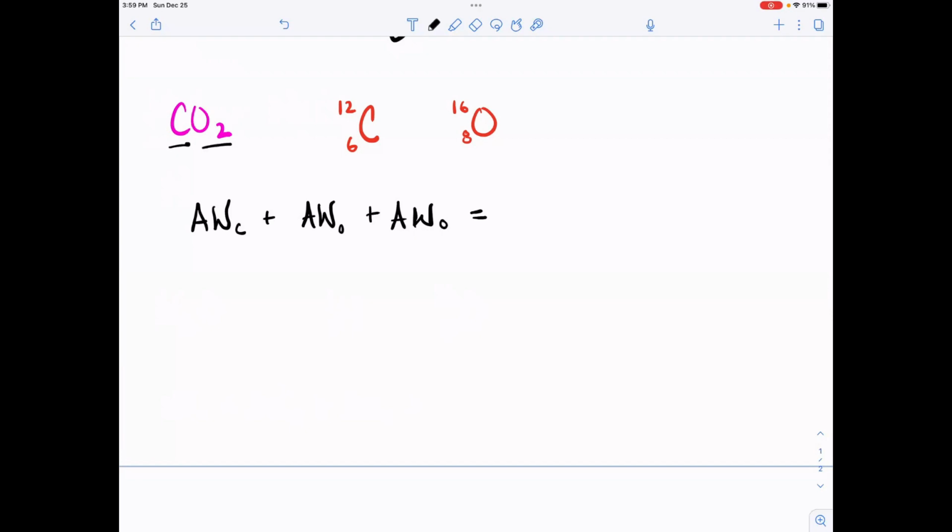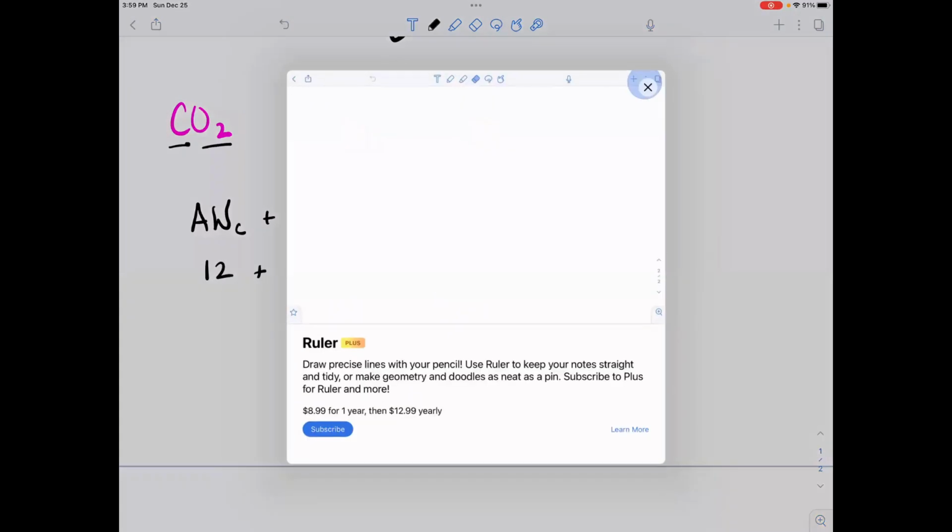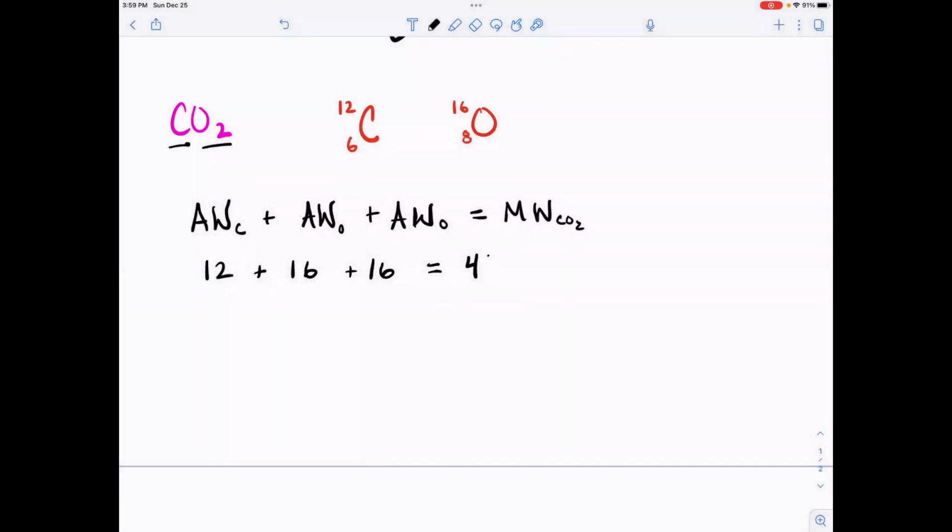And this is basically going to be 12 plus 16 plus 16. So this is the molecular weight of CO2. So this number is going to be 44 grams per mole for CO2.